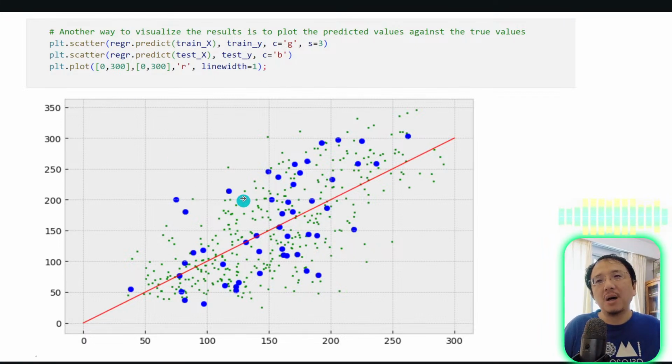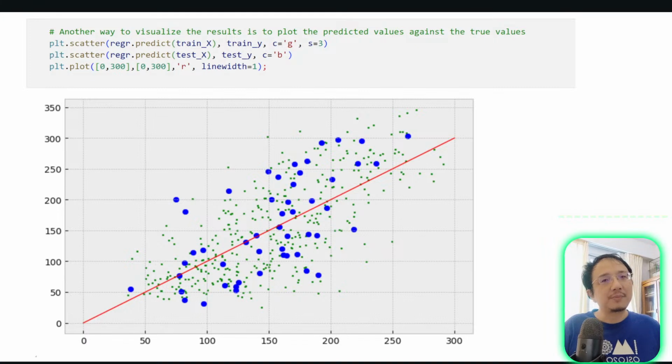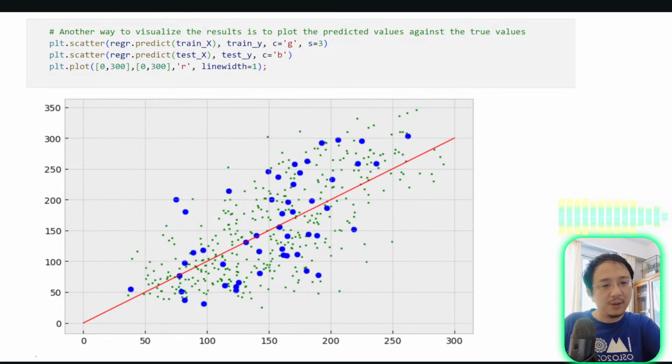Also, the blue spots are for testing data, and the green spots are for training data. The reason that I put the blue spots larger and the green spots smaller is because we have more training data. In this case, I'm using more training data and less testing data. So if they had the same size, the blue spots, or test things, would be unfairly less represented.